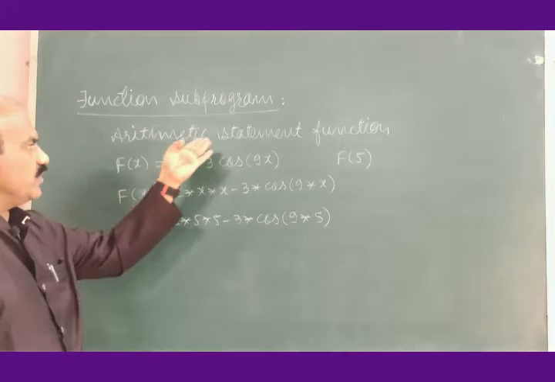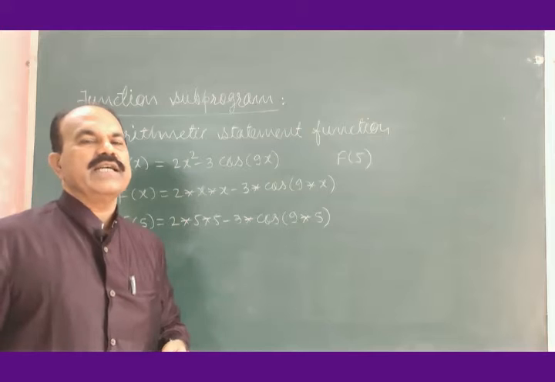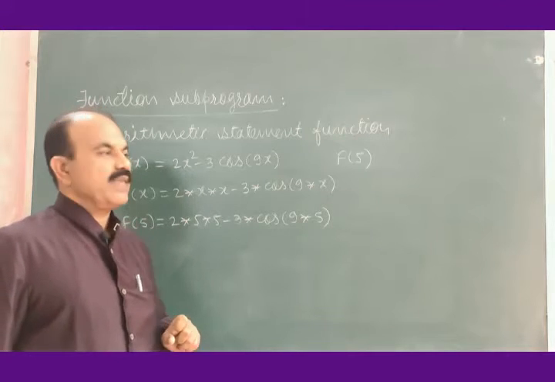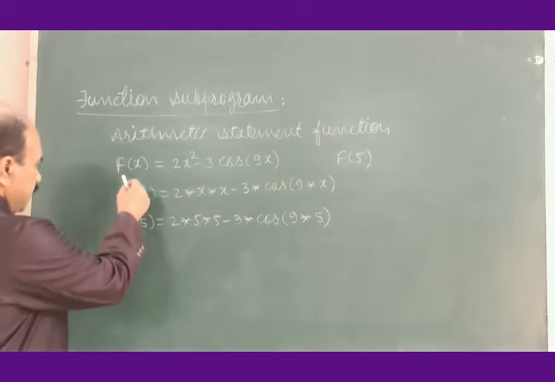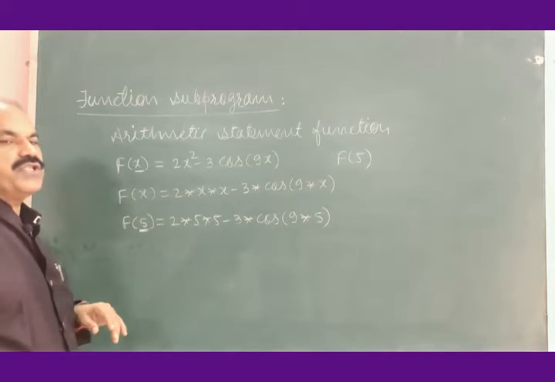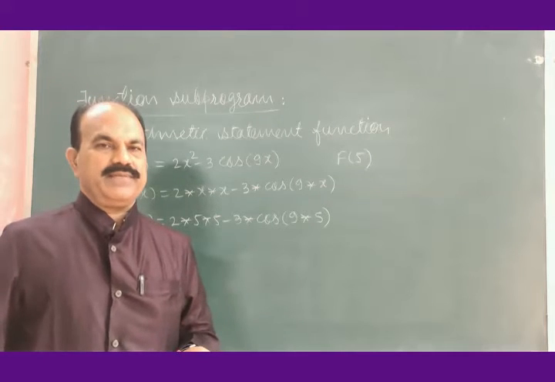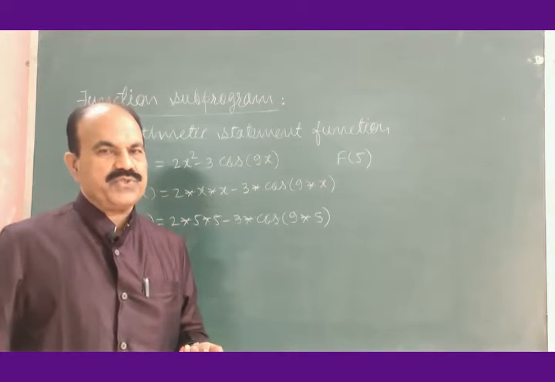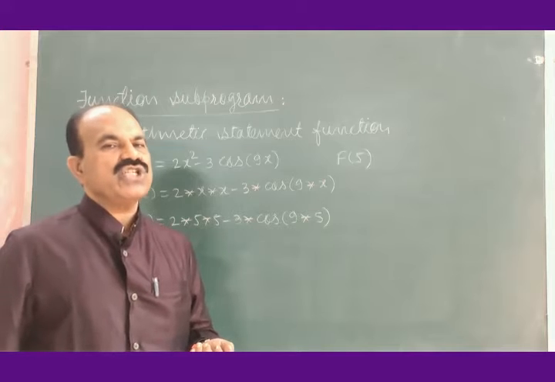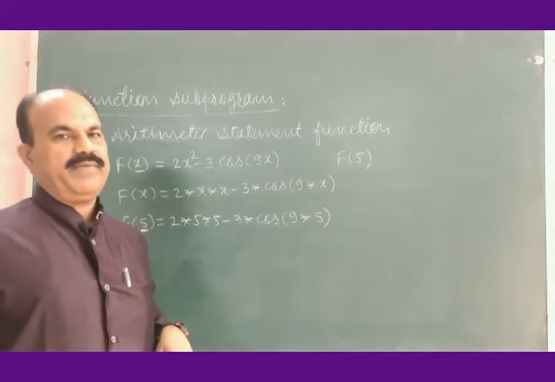This is how the arithmetic statement functions can be written. This x, this phi is known as the argument or dummy variable. X is known as the function argument or dummy variable.